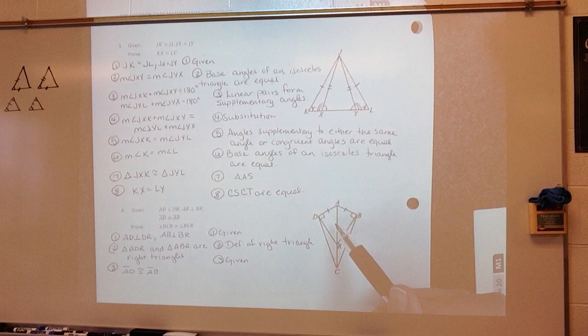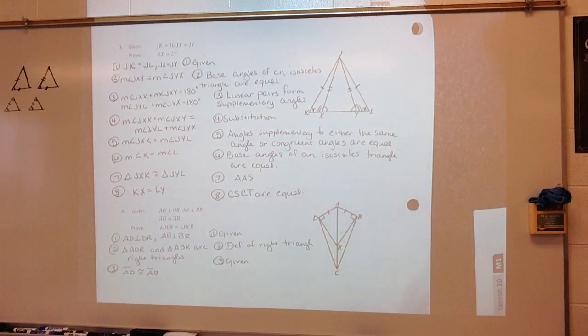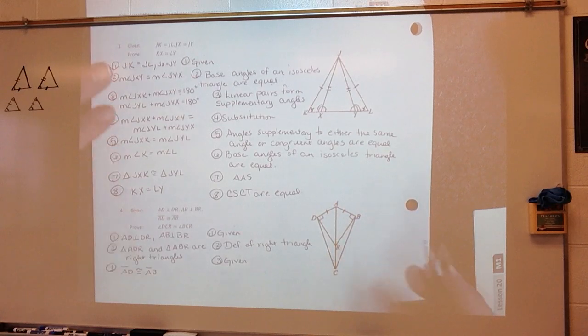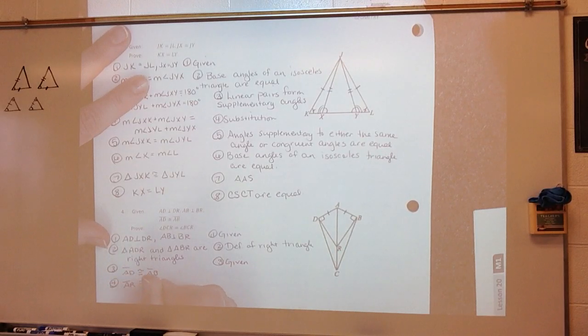Look, I'm close to proving triangles congruent here. Since I'm dealing with a right triangle, I've got a side or a leg. I need to prove the hypotenuse. Guys, AR is equal to AR because of the reflexive property.